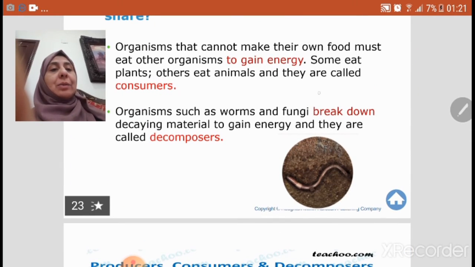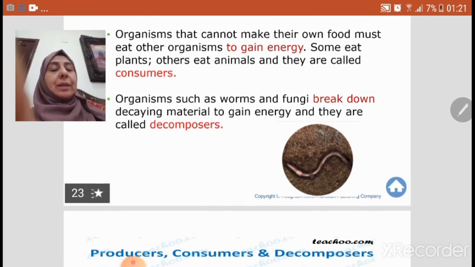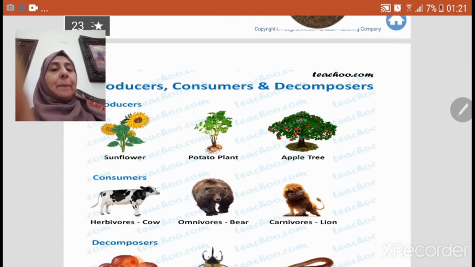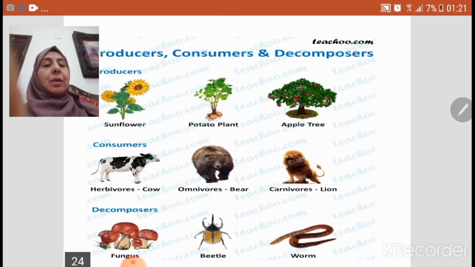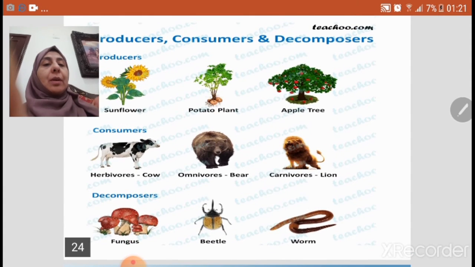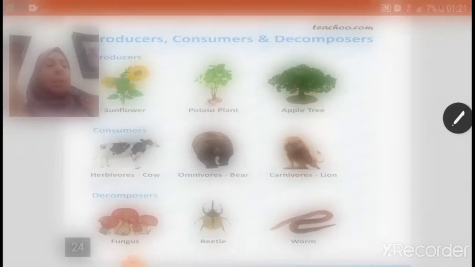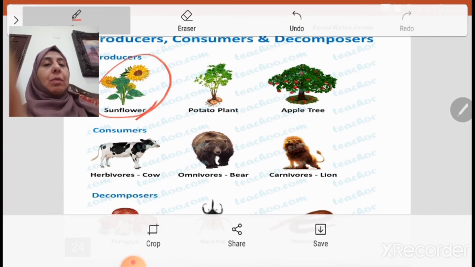Here, yes, this slide is the correct one, and here are the pictures of the three types of organisms. Up here you can see the producers. All of these are producers.